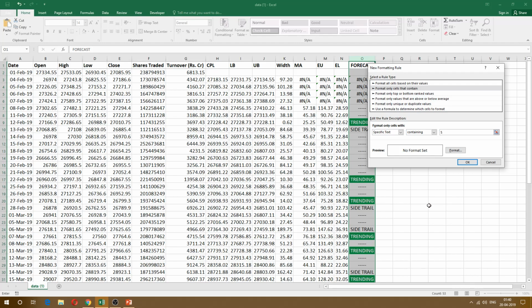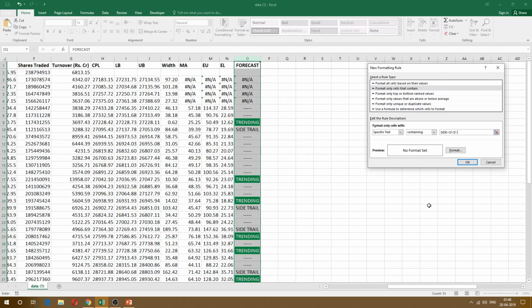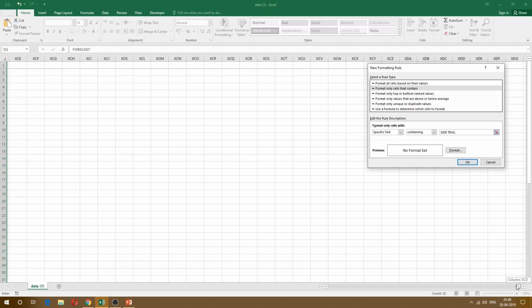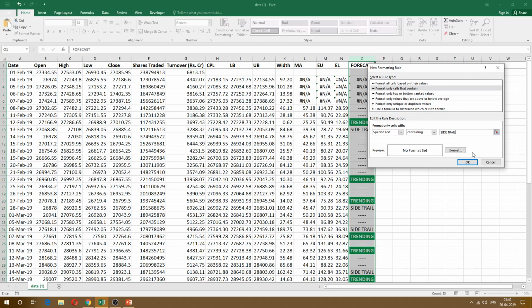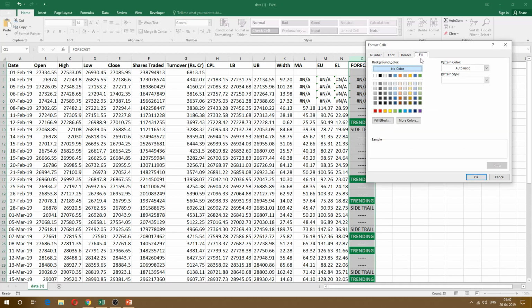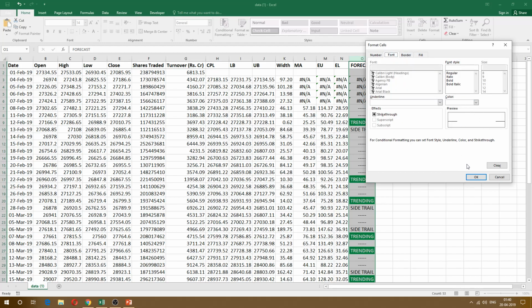So specific text, if the cell contains the word side trail, we will format it, we'll fill it with, let's say yellow. No, yellow is bad. Blue. Okay, blue is fine. And font color should be white.